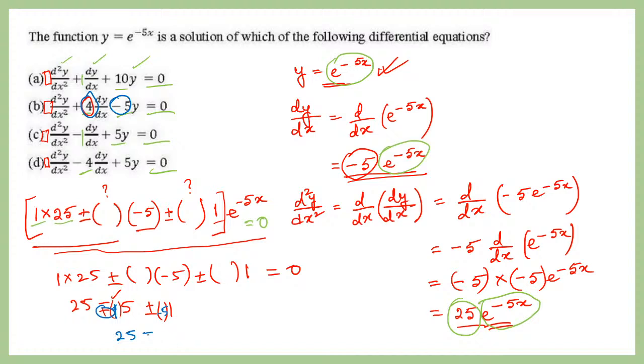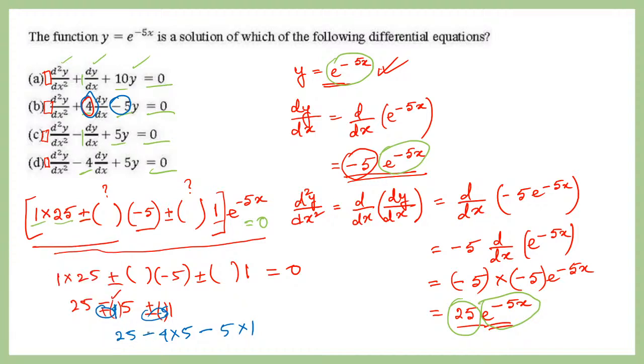Why should we take minus, right? So 25 plus 4 into 5 minus, here minus 5 into 1, right? And that gives us, okay, sorry, it should be minus, not plus.